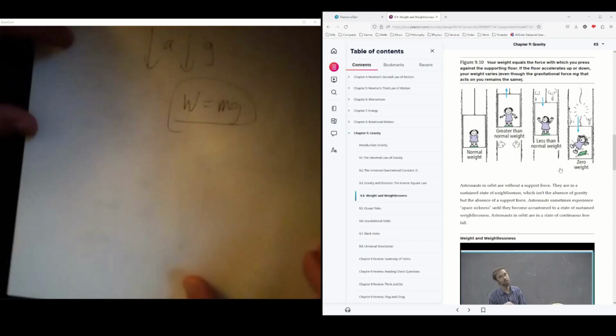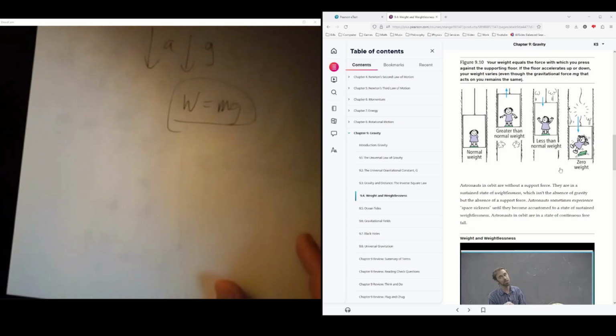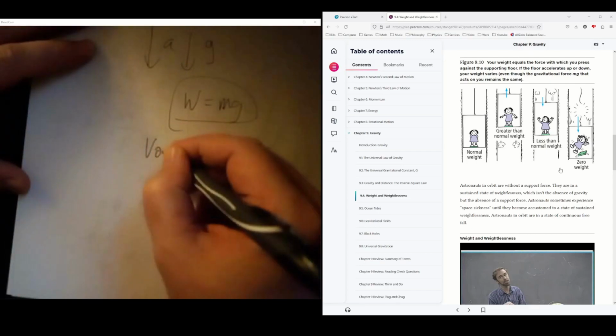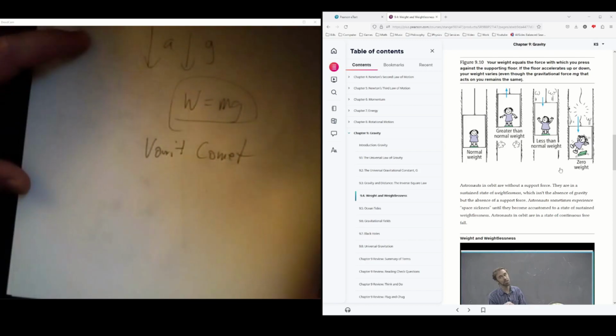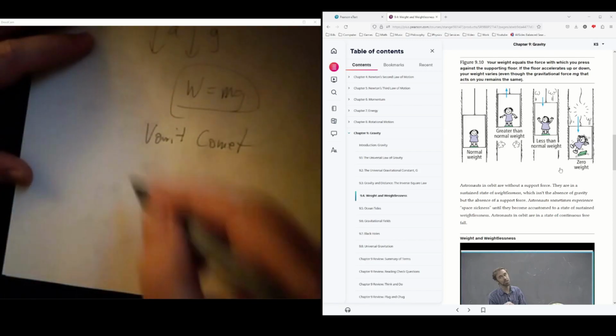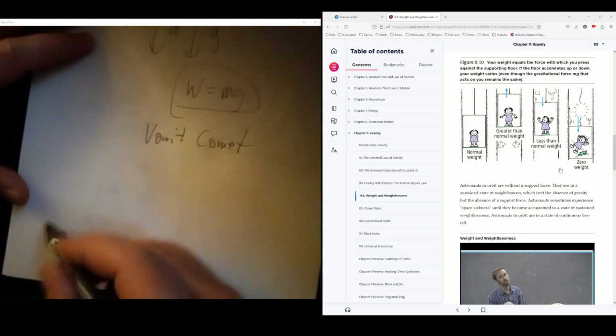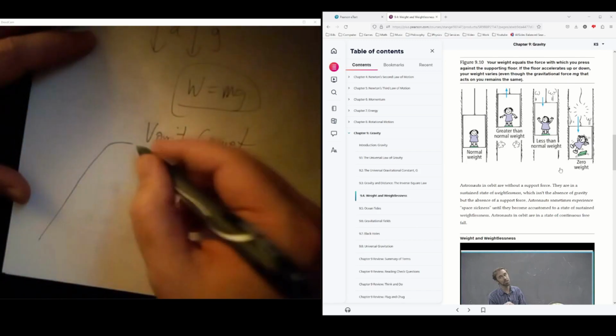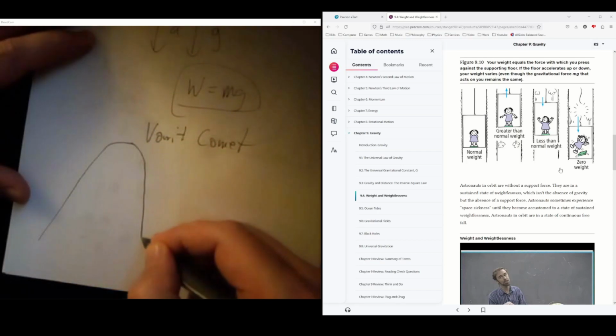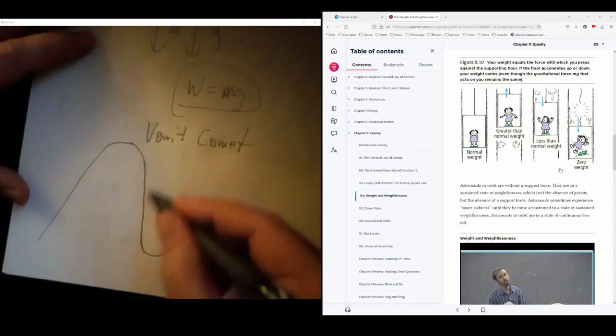Something NASA does to train astronauts, and what is this thing called? It's called the Vomit Comet. What they do is take a plane and go way up high, and then they do a very sharp dive. This dive is very specific.